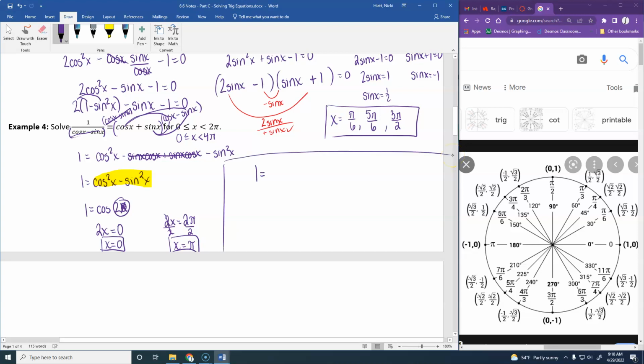You pretty much have to do what I've done up to this point. But from here, instead, we could switch everything to sine or everything to cosine. So we could do cosine squared x minus 1 minus sine squared x. I'm sorry, cosine squared x.